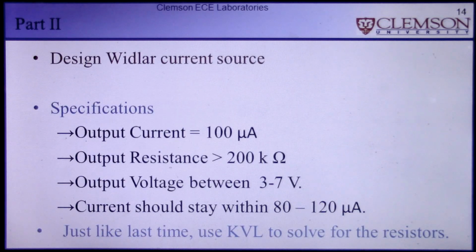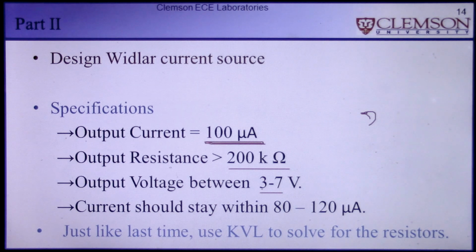So let's see what the expectations are. Output current should be 100 microampere, so it's a much smaller current. Output resistance should be bigger than 200 kilo ohms. Last time we did like 10K, so this is much bigger. The output voltage should be between 3 and 7. So as we can see, it is a little bit smaller in terms of range.